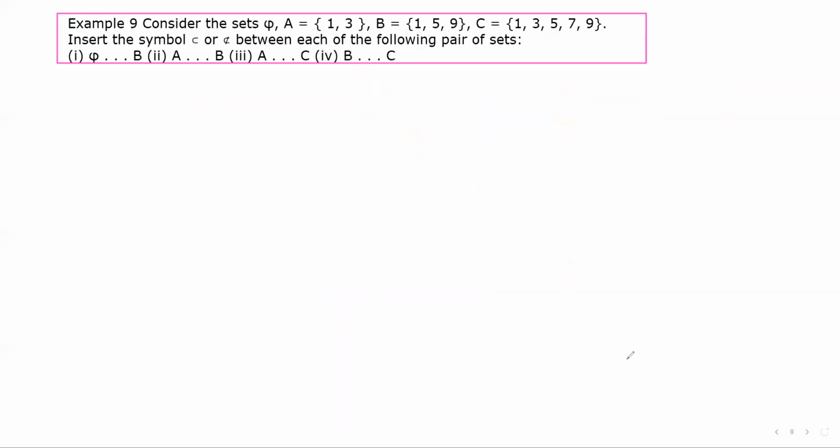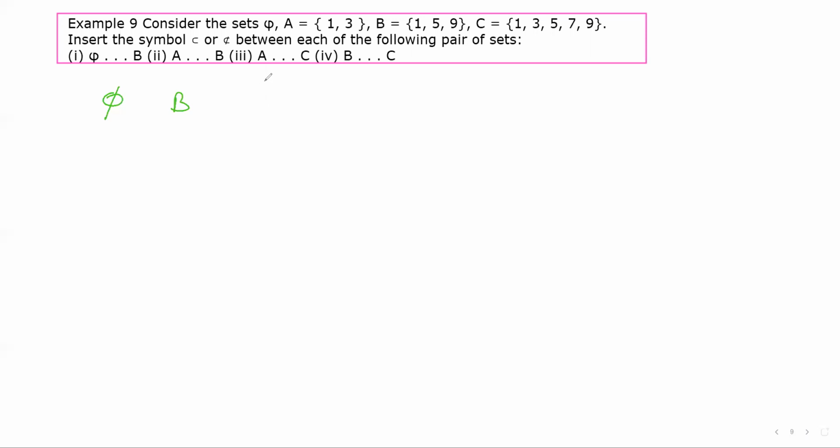Next. Consider sets phi, A, B, and C. Insert the symbol subset or not a subset between each of the following pairs of sets. So, phi and B. If you consider your set B, B has the elements 1, 5, and 9.